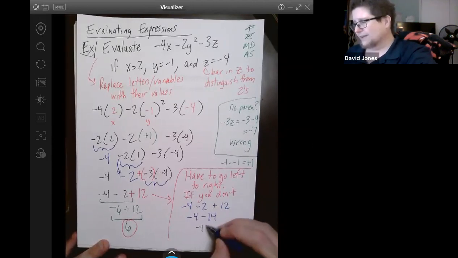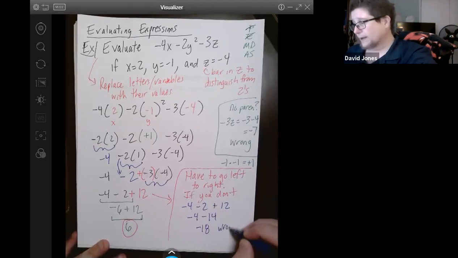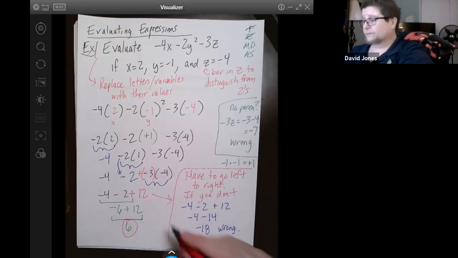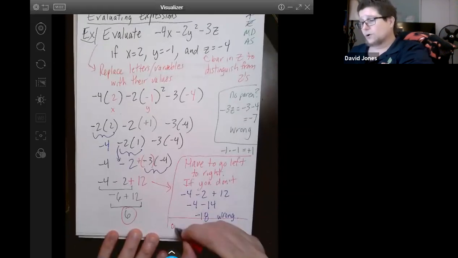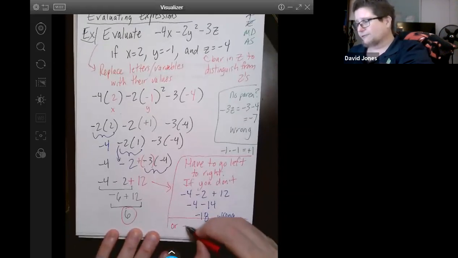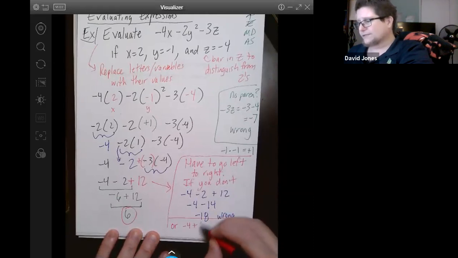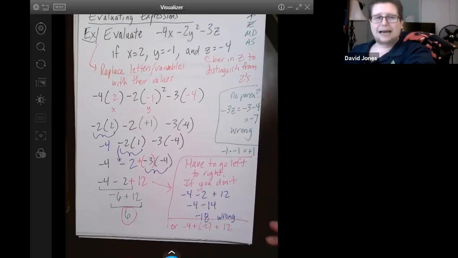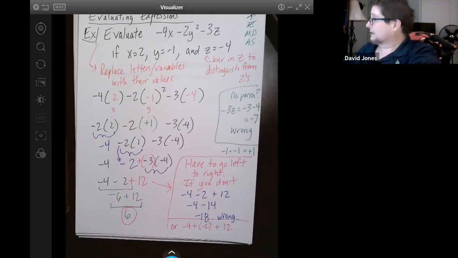And that will give you negative 18, which is wrong. So you're better off going left to right. Or rewrite it as negative 4 plus negative 2 plus 12. Then you can add them in any order, as we'll see in a little bit when we go over other rules.